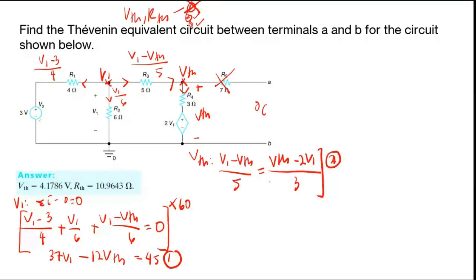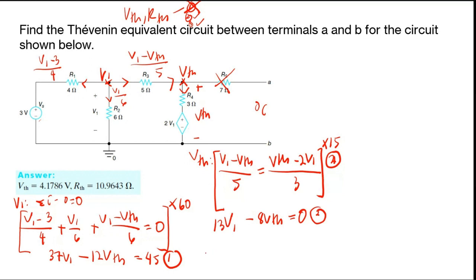You need to simplify this first. You can simplify by multiplying by 15, and then you will have the equation 13 V1 minus 8 VTH equal to 0. So this is your second equation.